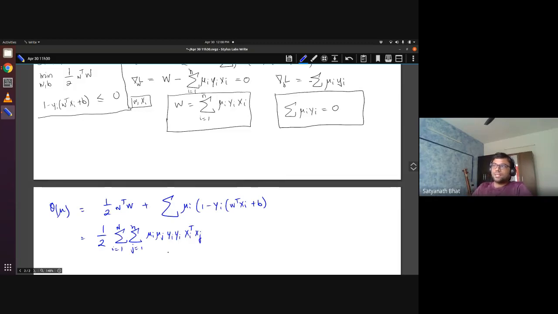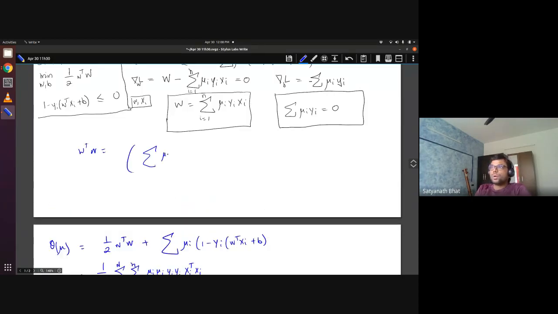Okay, just think about this a little bit. If you wish, you can write it down later, and then you can check that this is what you will get. So the way to check this is you take W transpose W. W transpose W will be summation mu i yi xi, i going from 1 to n, transpose, summation j equal to 1 to n, mu j yj xj, right?